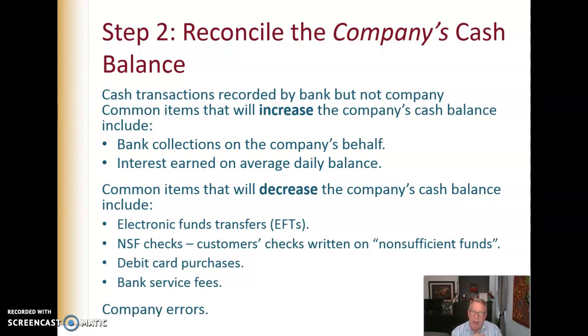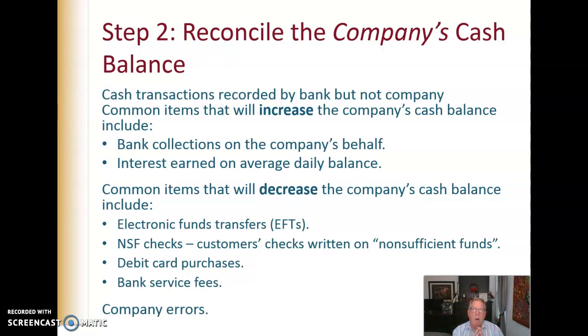If there is a bank error, we call the bank up and we say, hey, there's an error, please fix it on your side. We don't do that. That's the bank. The other two, deposits in transit and outstanding checks, are timing differences that will resolve themselves in the next period usually, or eventually.